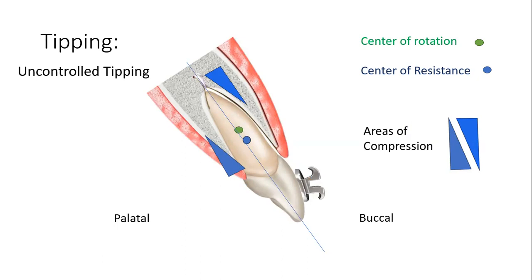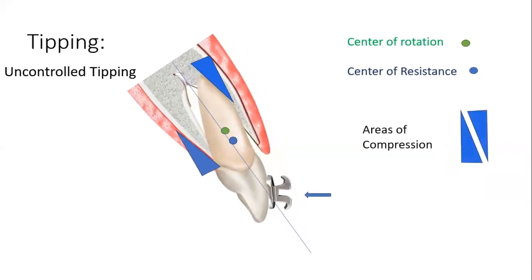On the basis of the force distribution or the areas of compression, uncontrolled tipping happens as the pressure is concentrated at the apex and the alveolar crest. So the areas of compression will be at the apex and the alveolar crest, which is represented by the blue triangles here. The amount of force required for this type of tooth movement is around 35 to 60 grams.